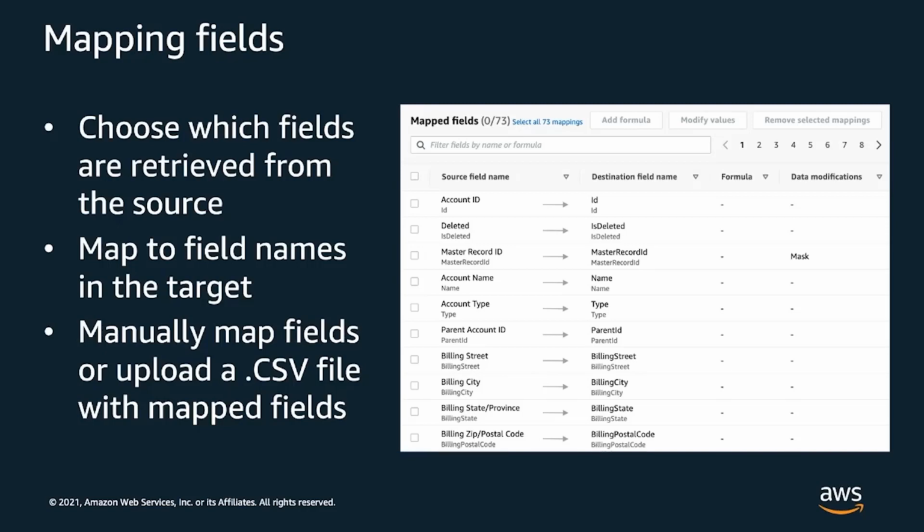And so you can just upload that CSV file each time. The other option is you can say, hey, just grab everything. And in our demo, I'll show you how to do that and walk through that. So mapping the fields chooses which fields you want to come from the source and get put into the destination.